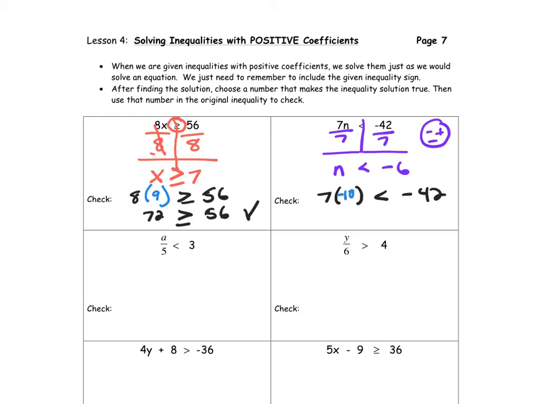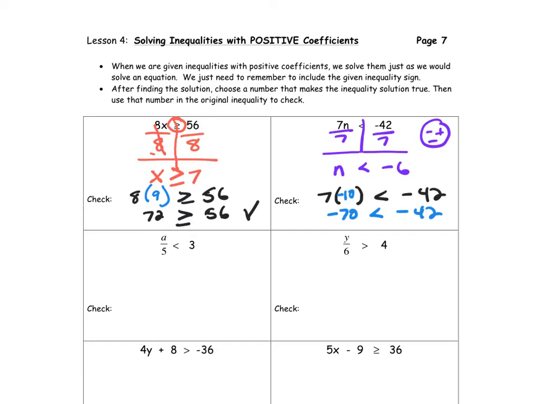Negative 10 would make this inequality true. 7 times negative 10 would be negative 70, and that is less than negative 42. Just recall that the further a number is away from 0 to the left of 0, the smaller it is. So negative 70 is indeed smaller than negative 42.